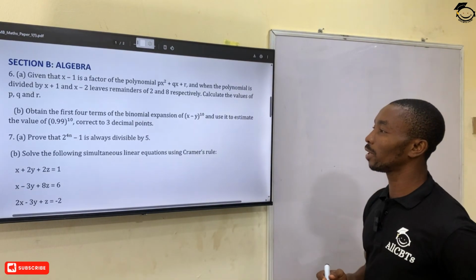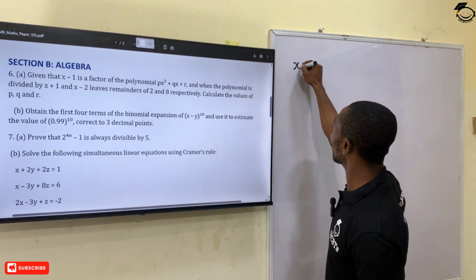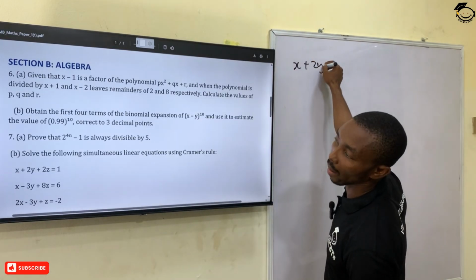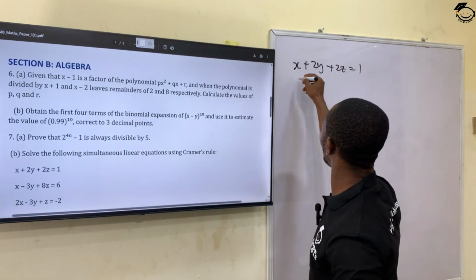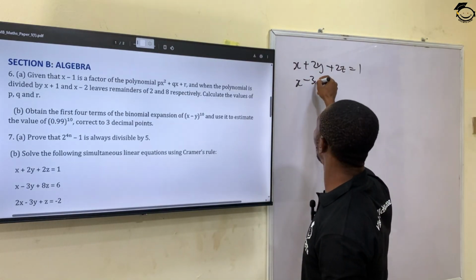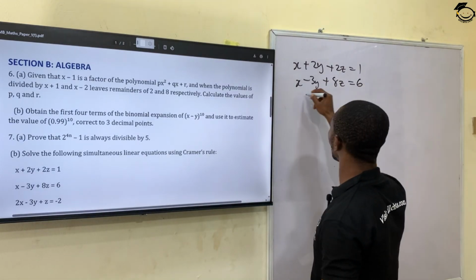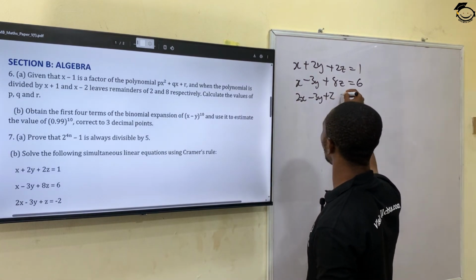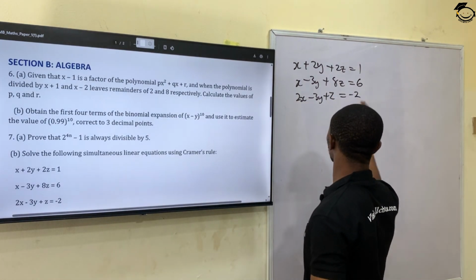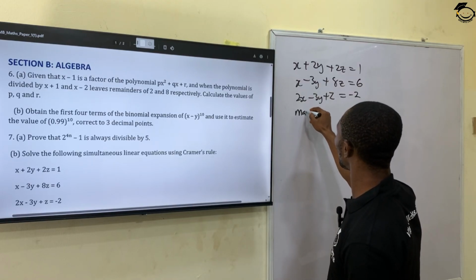Now, solve the following simultaneous linear equations using Cramer's rule. We have x plus 2y plus 2z equals 1. And we have x minus 3y plus 8z equals 6. And 2x minus 3y plus z equals minus 2. Now, we are going to put this into matrix form.